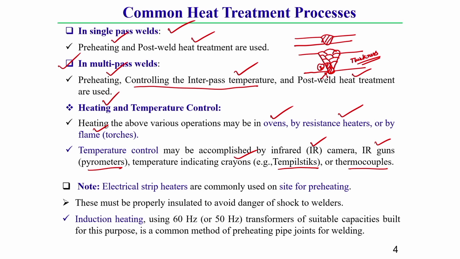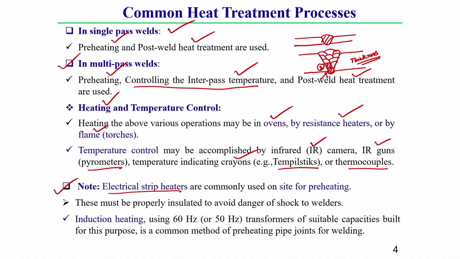Now, these are the heating processes as well as temperature control methods we generally use to do this common heat treatment process. Generally at site, for preheating purposes, we use an electric strip heater. This you should keep in mind. The electric strip heater is a very common practice at site for preheating, because preheating has a very important effect on weld quality, as well as on improving the weldability.